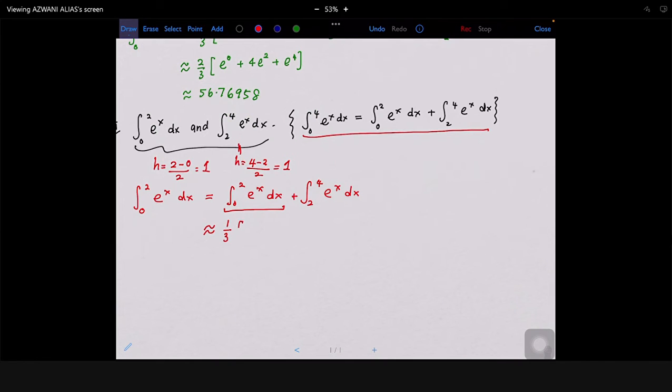Okay, H/3 from the formula, F0 plus 4 F1, midpoint in between 2 and 0, plus F2.